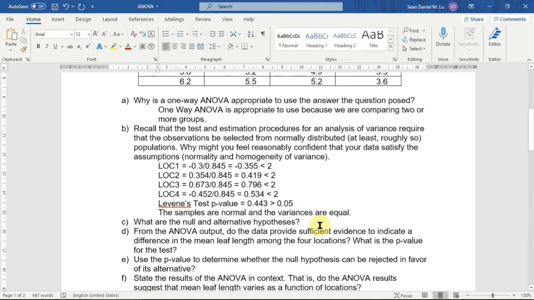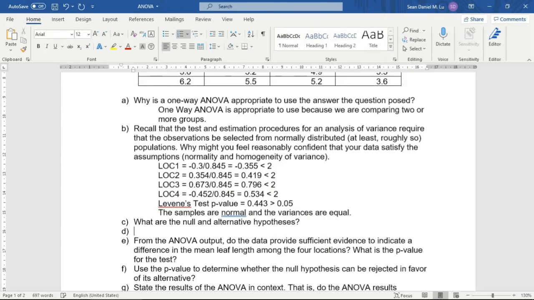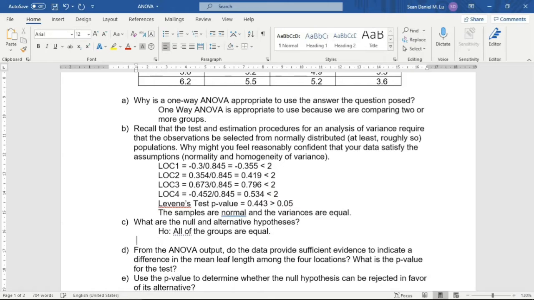Now, the null and alternate hypotheses. H0 could be stated as all of the groups are equal, or group 1 is equal to group 2 is equal to group 3 is equal to group 4.